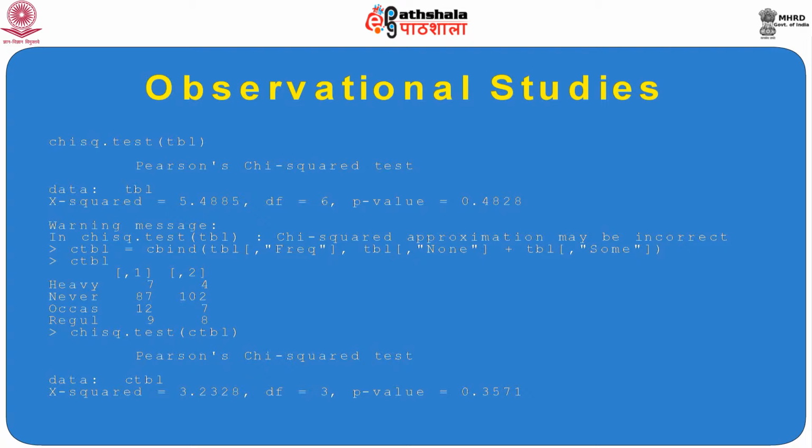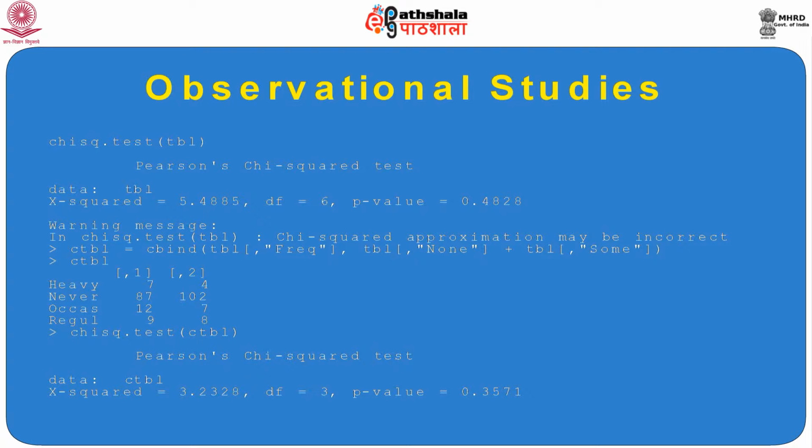In addition to the results, one alarming message is coming, given as a warning message. It shows that in chisq.test(TBL), the chi-square approximation may be incorrect. The problem is maybe that some values in this table are less than 5.